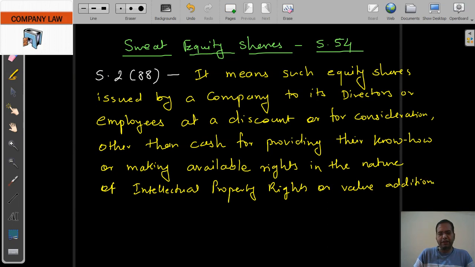This is the definition under section 2(88) of the Companies Act 2013.